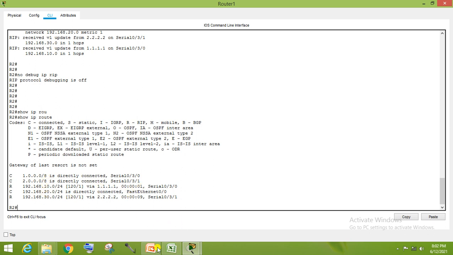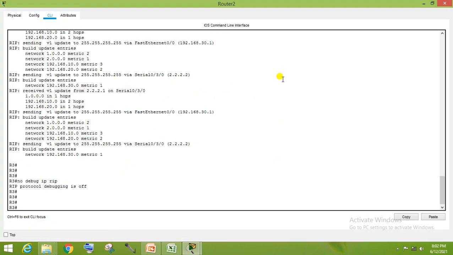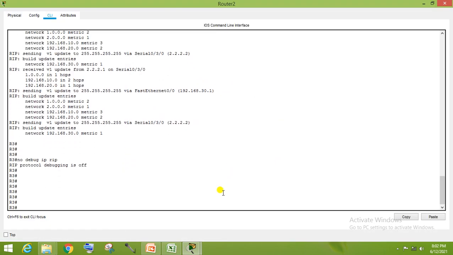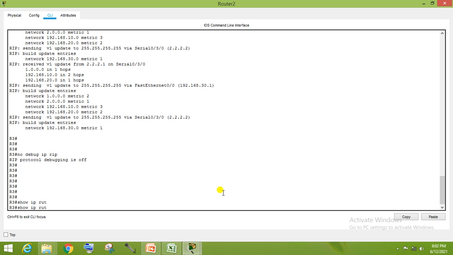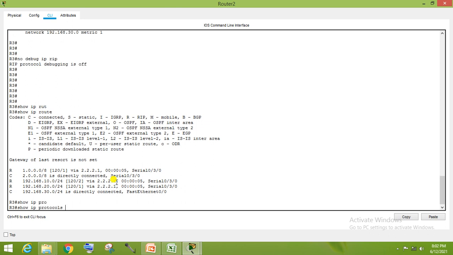Okay, and go to the third router. Check here, the 20.0 and 30.0 are already known. It learned the 20 network, the 10 network, the 1 network. Okay, you can check. Now I think about the protocols, whether it is working or not.